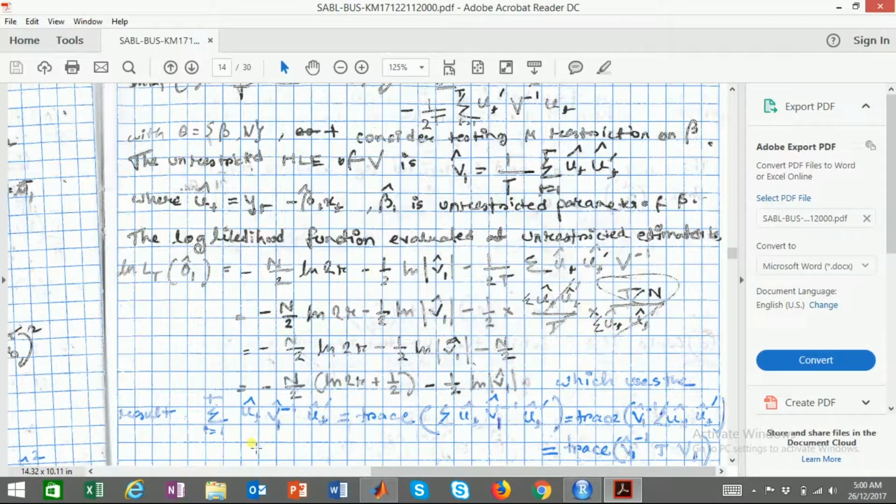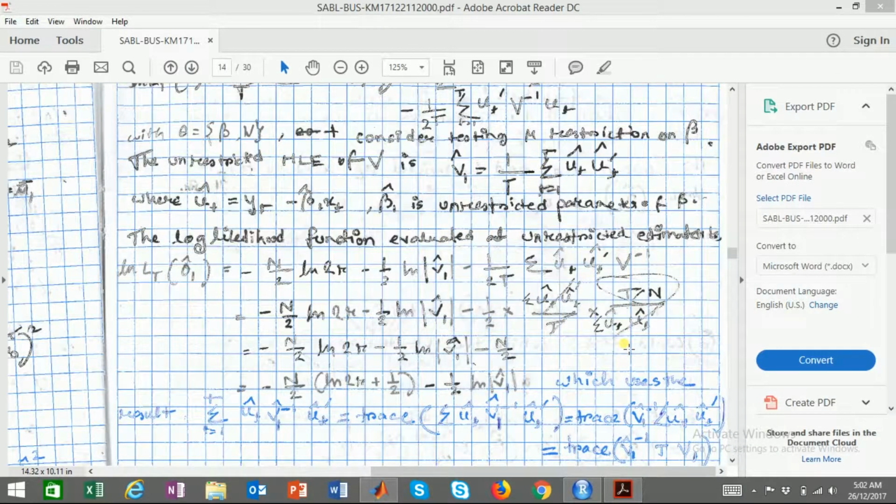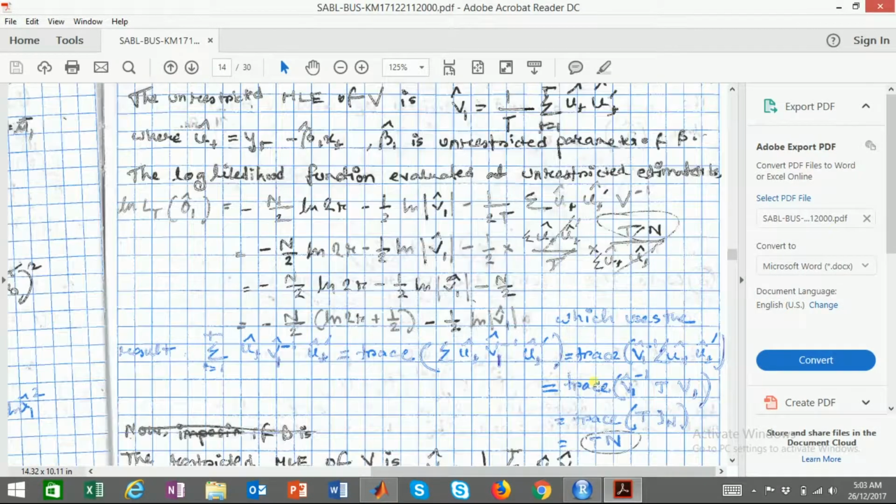So the summation of the last term equals the trace of the summation of ut, covariance matrix, ut transpose. So what is trace? Very important. Trace is simply the summation of the diagonal elements of the covariance matrix.